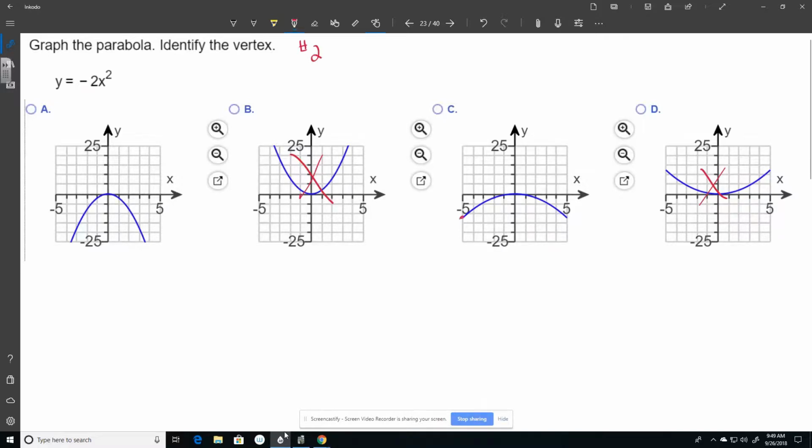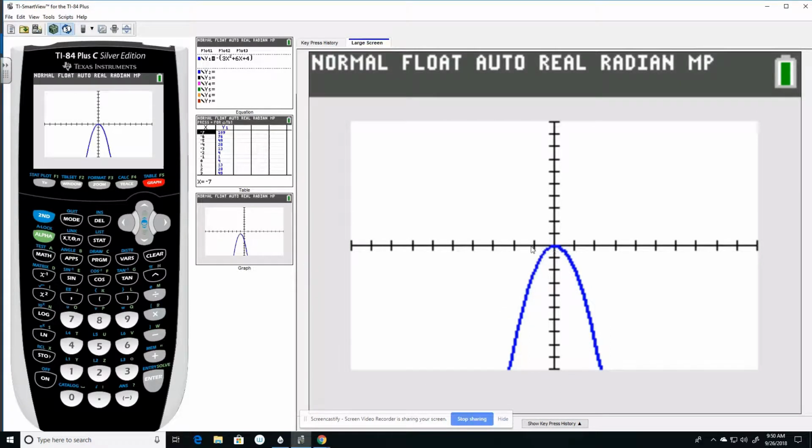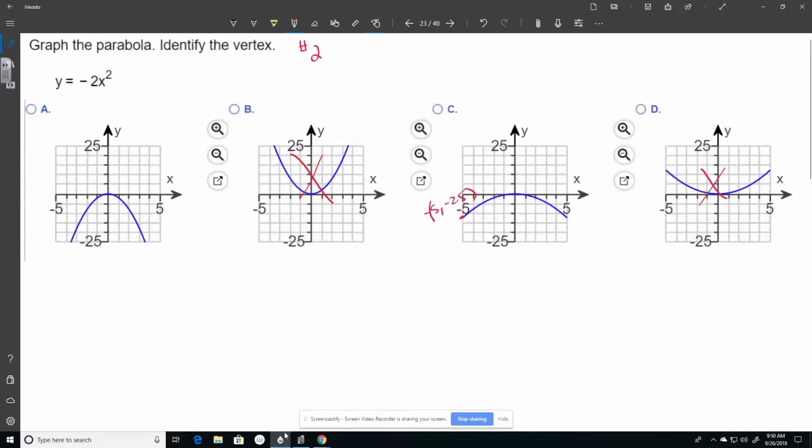So this point right here is like negative 5, negative 2.5. When I look at my picture, negative 5 is clear over here. And at 2.5, I'm nowhere near my graph. So it's definitely not that one either. So this would be my best option.